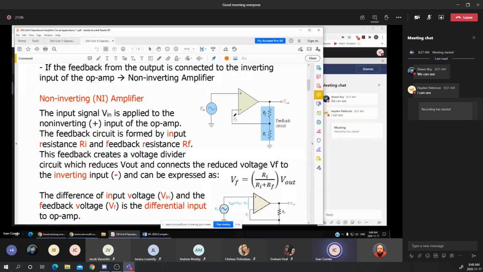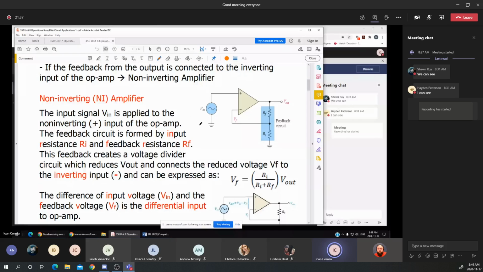The VF is for feedback because it comes from the feedback circuit. VF represents a fraction, a precise value of the output voltage that is returned to the inverting input. On the non-inverting input, the useful signal is applied.